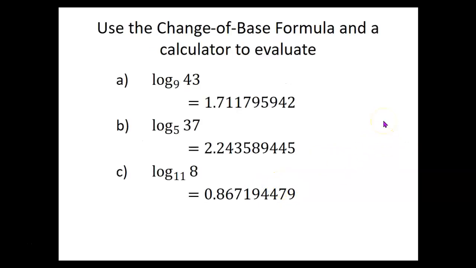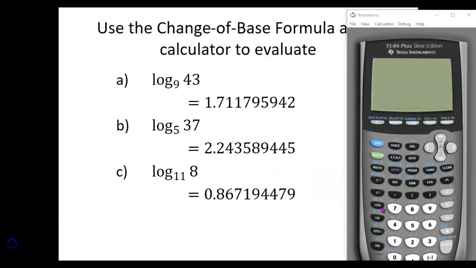So for example, let's see how you would use a calculator to evaluate something like the base 9 logarithm of 43. So I could put it in as the log of 43 divided by the log of 9. And I get 1.711795942. So that's the base 9 logarithm of 43.